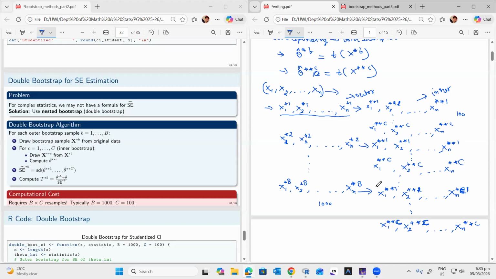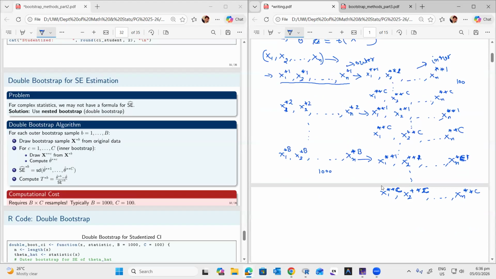After that, you will compute the corresponding estimate for each one. And this is also with replacement. This was with replacement, and this one will also be with replacement.